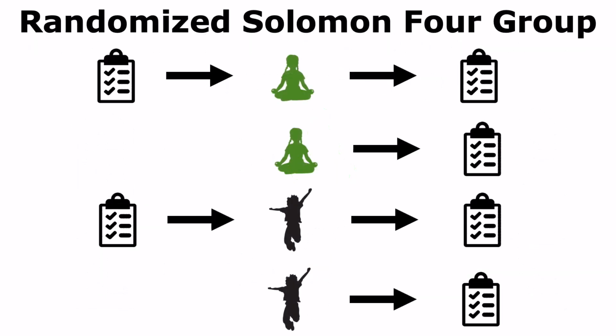Now, the randomized Solomon 4 group design is an experimental design that involves random assignment of subjects to each of 4 groups. 2 groups are pre-tested, 2 are not. One of the pre-tested groups and one of the unpretested groups receive the experimental treatment, and all 4 groups are post-tested.